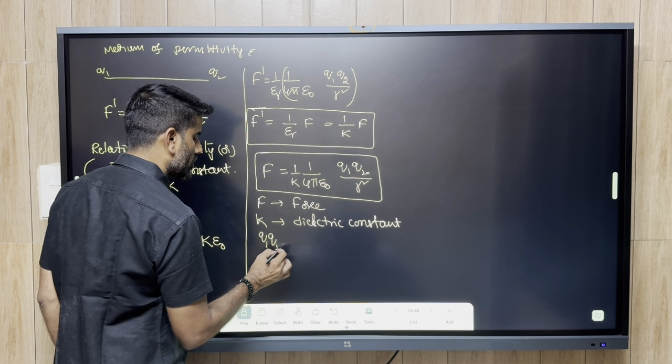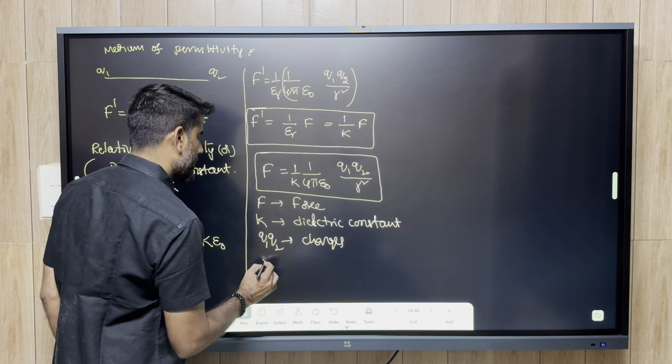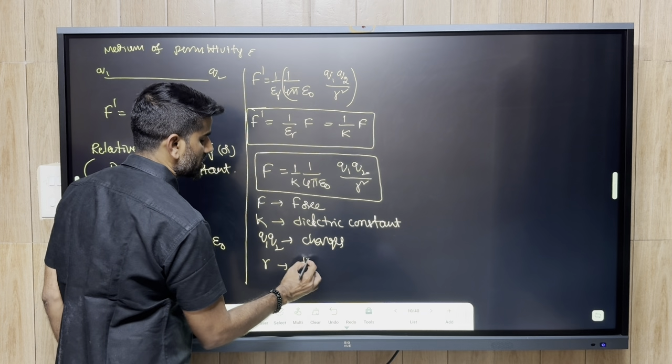Q1 and Q2 are the charges, r is the distance between the charges.